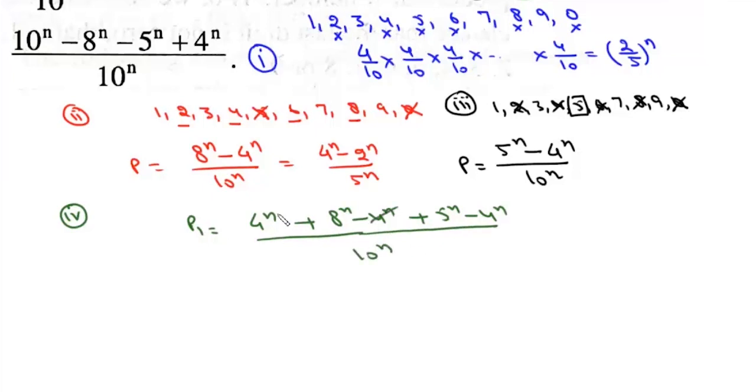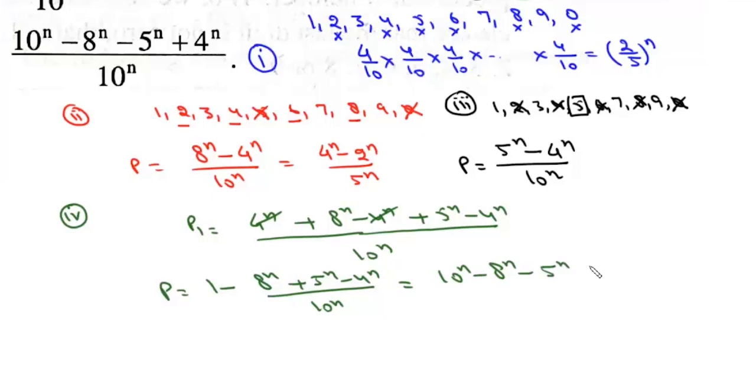Now here 4 to the power n will cancel. So the required probability is the complement of this. So it will be 1 minus (8 to the power n plus 5 to the power n minus 4 to the power n) upon 10 to the power n. So it will be (10 to the power n minus 8 to the power n minus 5 to the power n plus 4 to the power n) divided by 10 to the power n, and this is what we need to prove in this question.